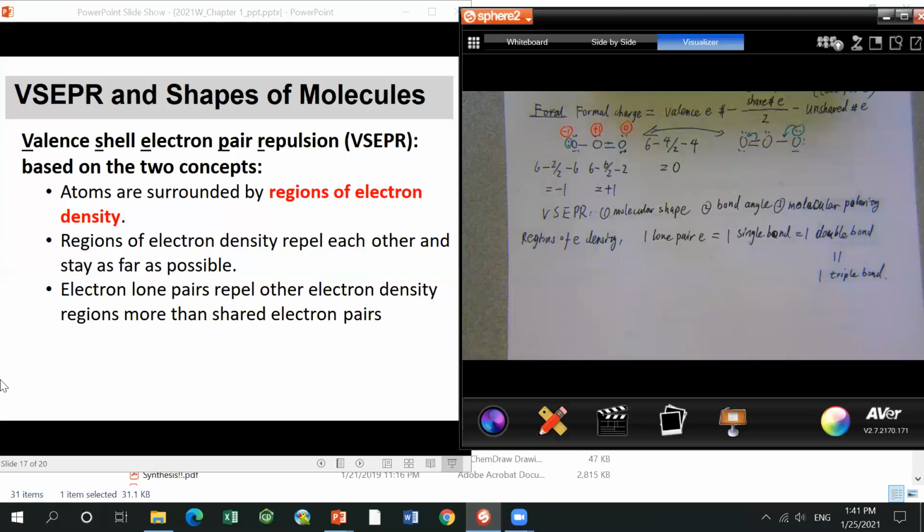That means no matter whether it's a single bond, double bond, or triple bond, each counts as one region of electron density. Please keep that in mind.